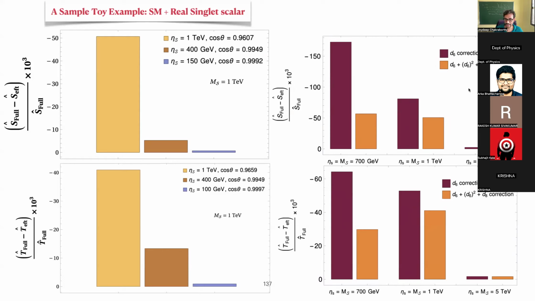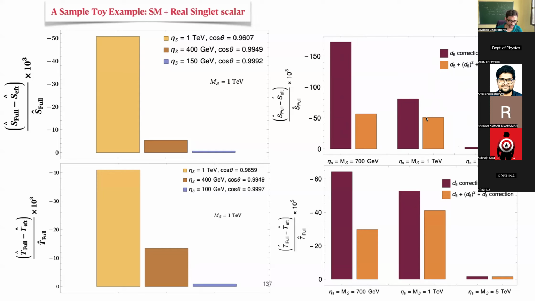And then on top of that, there's some RG contribution of this operator. Then you see that if I go higher and higher, there is less deviation from the full theory. And once you incorporate more contributions in the perturbation series, compared to the D6 corrections, they will give you less deviation. So this is quite expected, and that can be visualized from this chart.